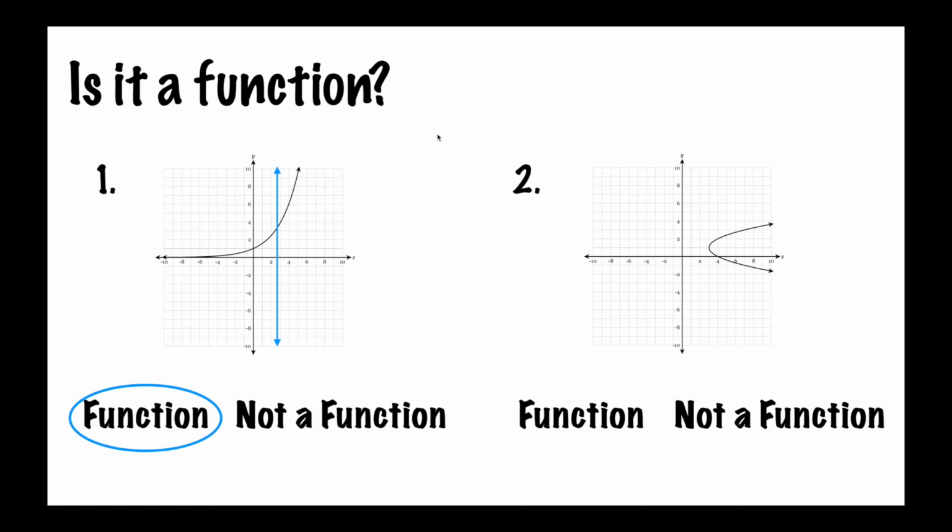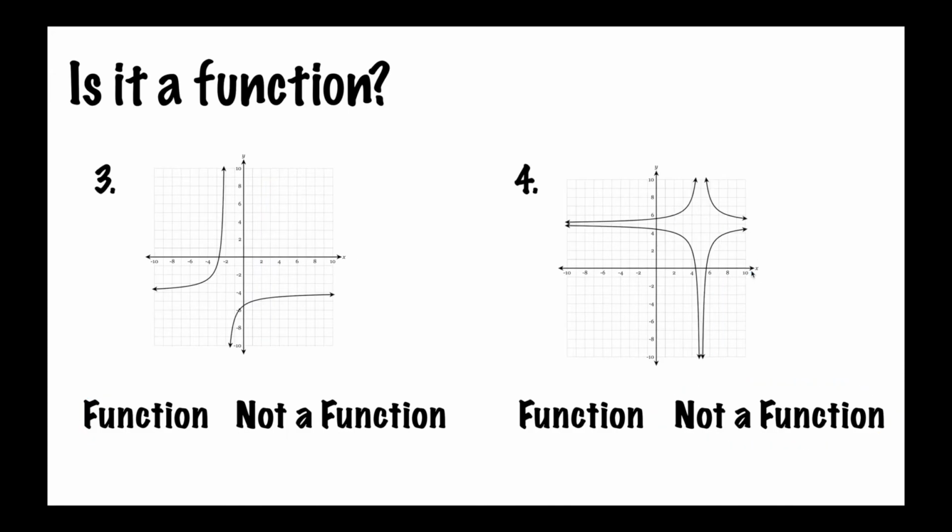For number 2, again, I could go ahead and draw some vertical lines over here, and even right here I could draw a vertical line and it would only cross once, but as long as you can find a place where it would cross more than once, if it crosses in 2 or more positions, then that is automatically not a function. So we'll try 2 more examples.